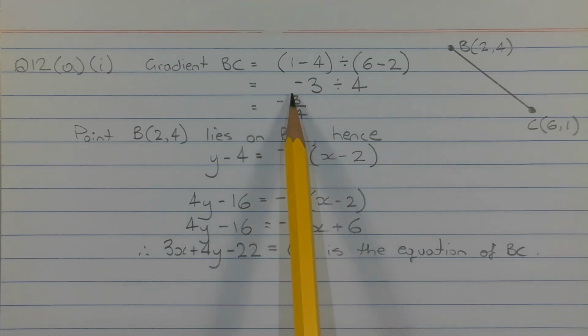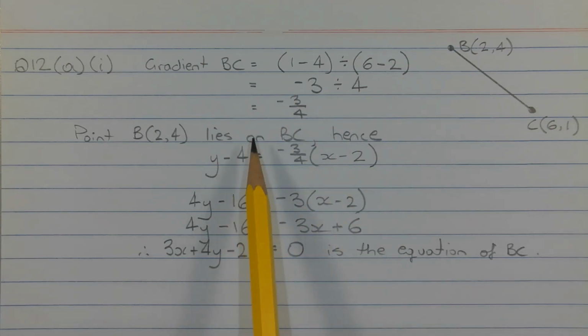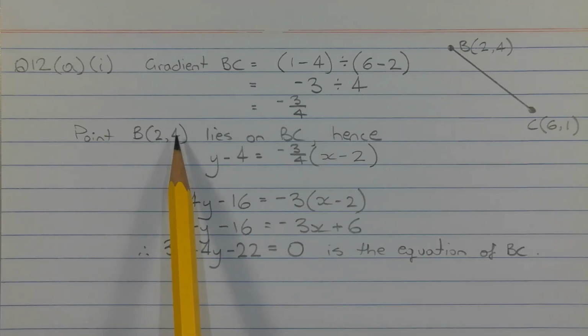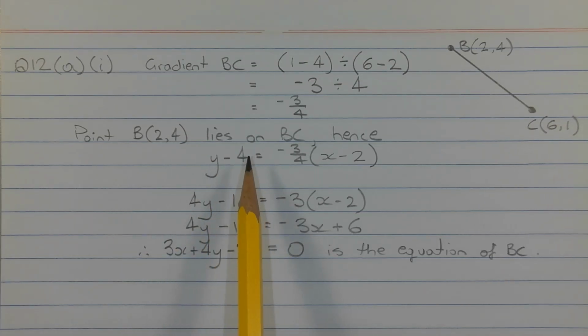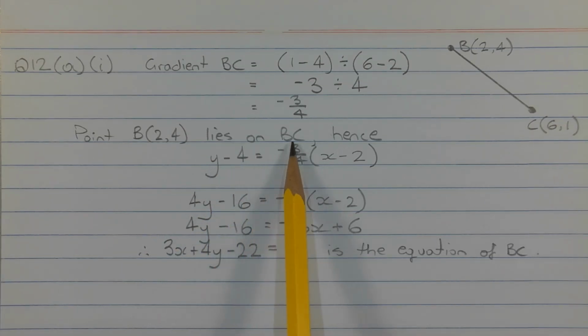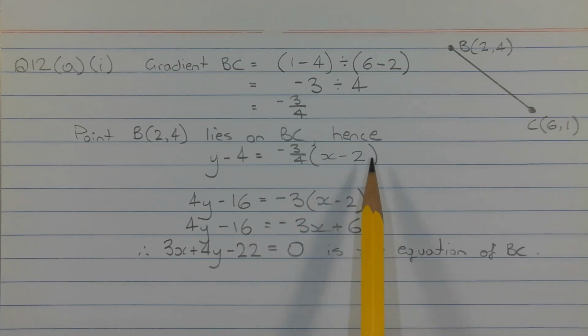So we get -3 divided by 4, which equals -3/4. Now the point B (2, 4) lies on BC. Hence, using the point-gradient formula, y minus y1 equals m times (x minus x1), we get y minus 4 equals -3/4 times (x minus 2).